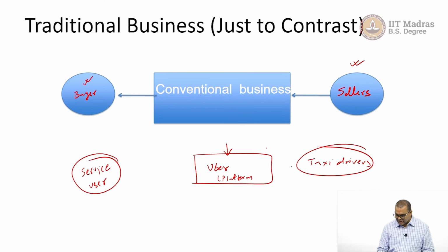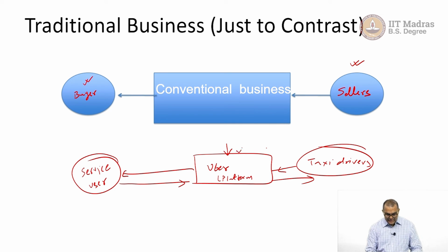So of course, service is flowing in this direction and money is flowing in this direction. But the key is that Uber has almost no marginal cost. Again, this is quite important.